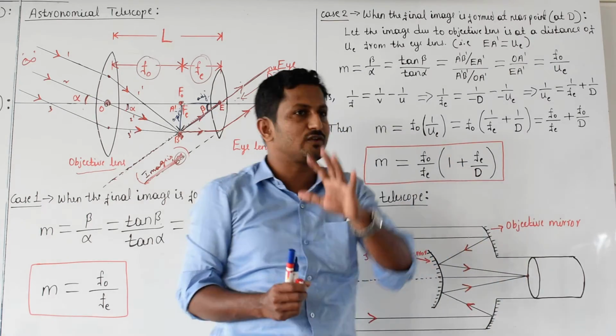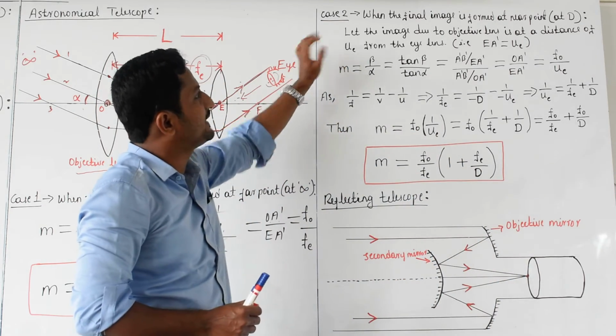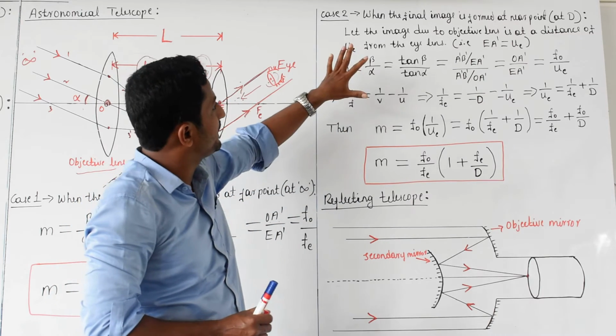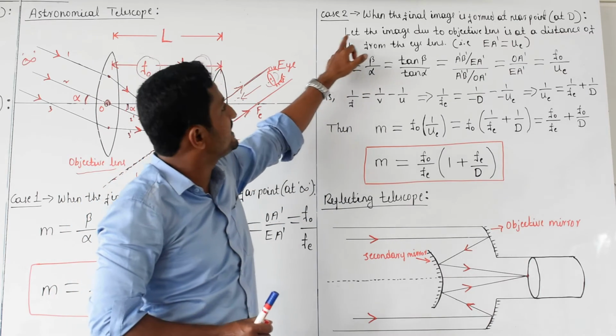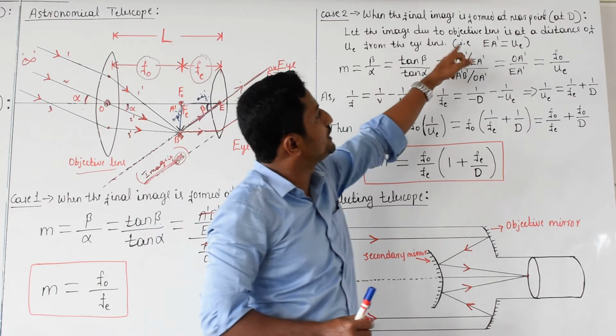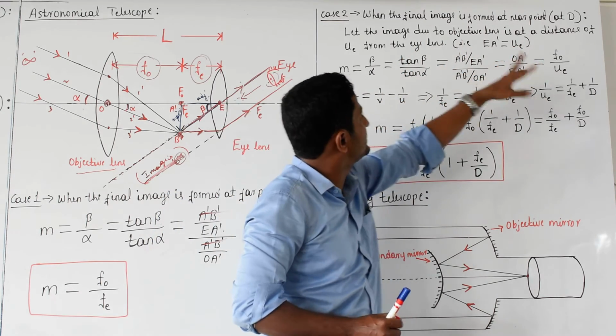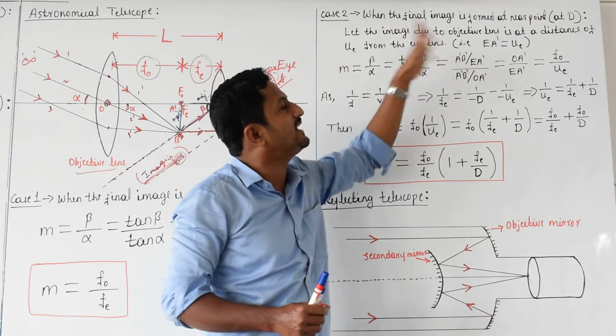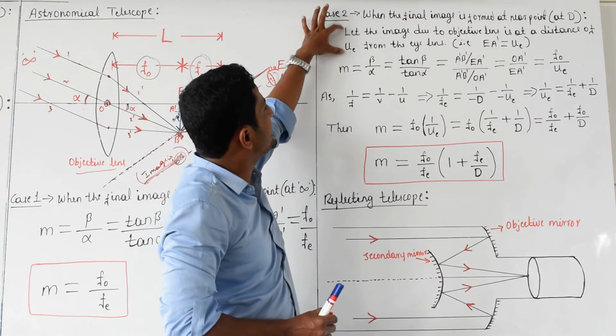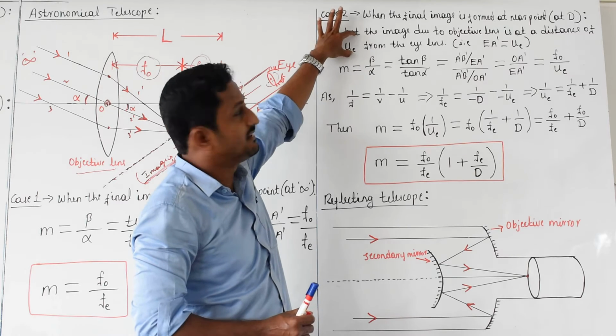Now see here, what I have written: let the image due to the objective lens be at a distance of UE from the eye lens. What is the meaning of this line? Read again.